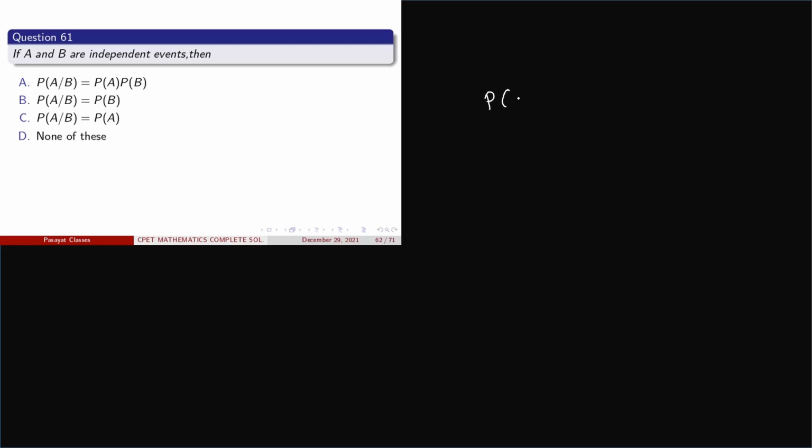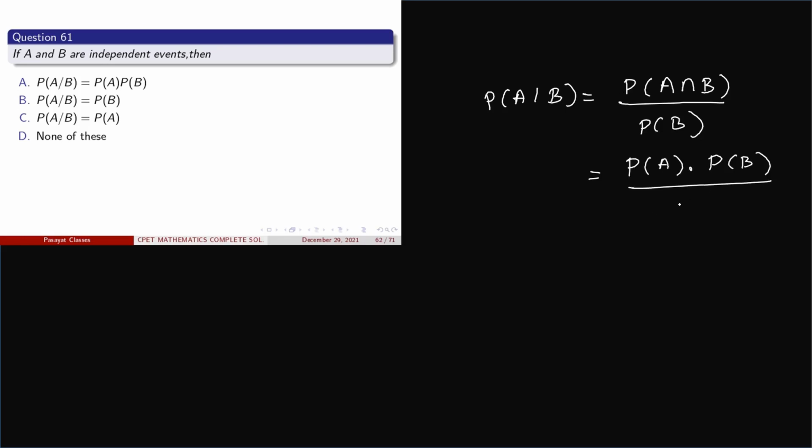So probability of A given B can be written as probability of A intersection B divided by probability of B. And we know that if A and B are independent events, then probability of A intersection B can be written as probability of A into probability of B, divided by probability of B. So probability of B and probability of B cancel out, and this gives probability of A. So probability of A given B is equal to probability of A. So here option C is correct.